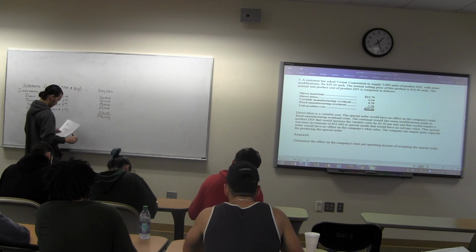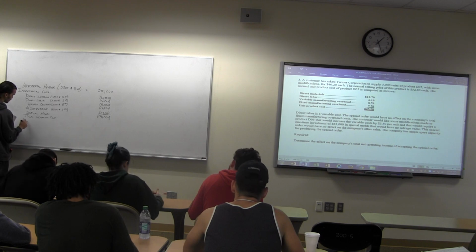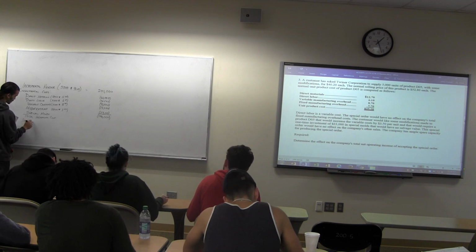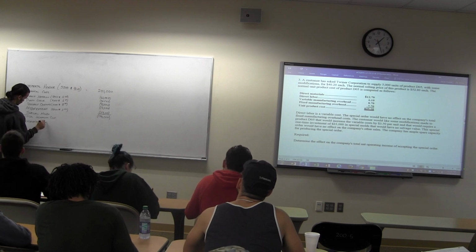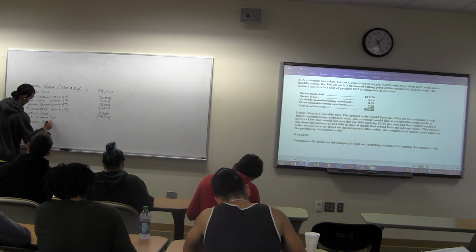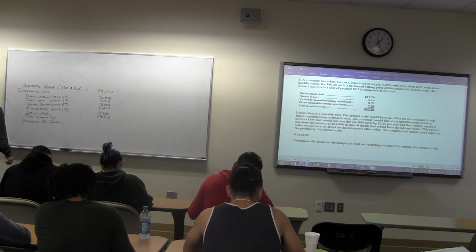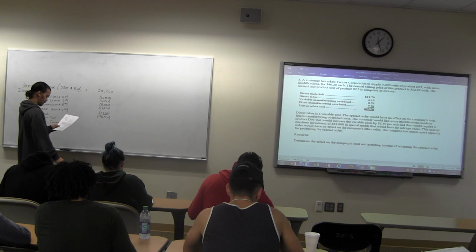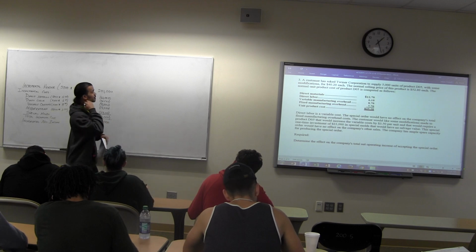So the incremental net income would be something like 23,000.